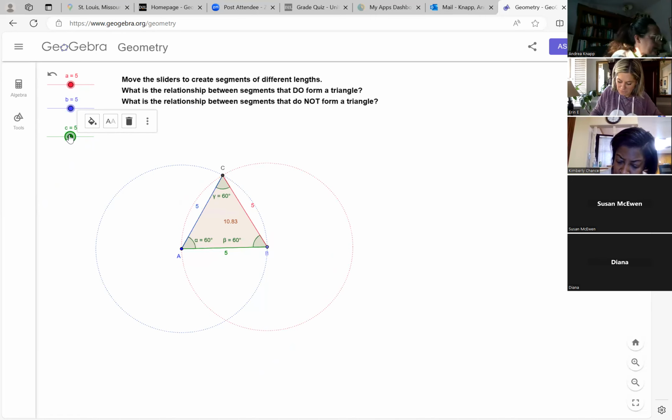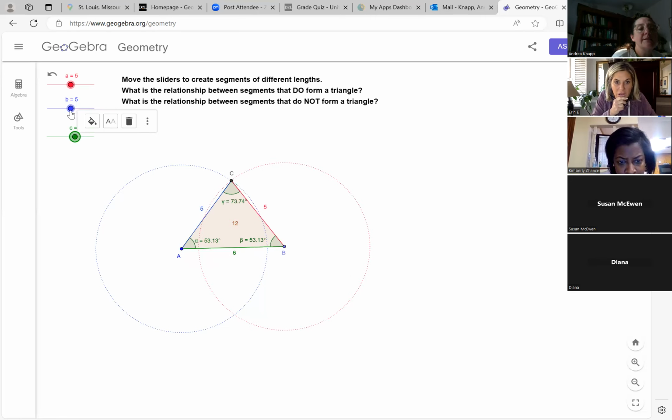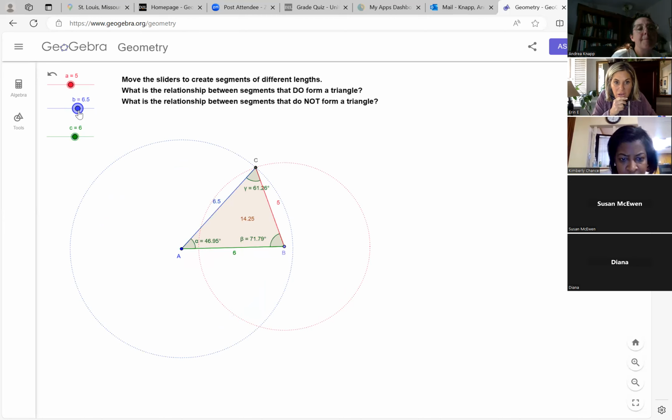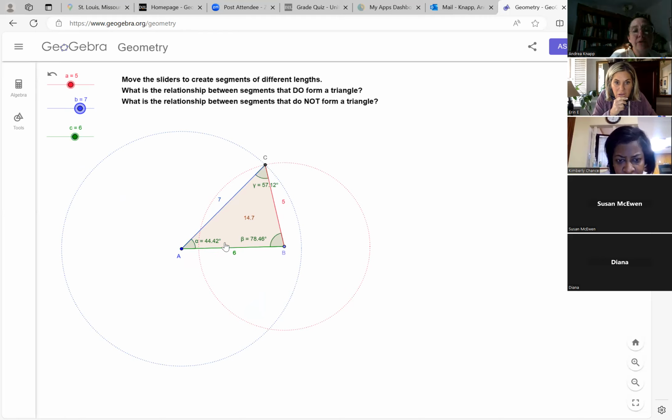F, a triangle with sides 6, 7, and an included angle measure of 75. Six, 7, and between the green and the blue sides, can we get this alpha here to be 70?